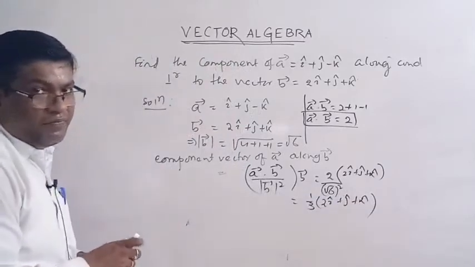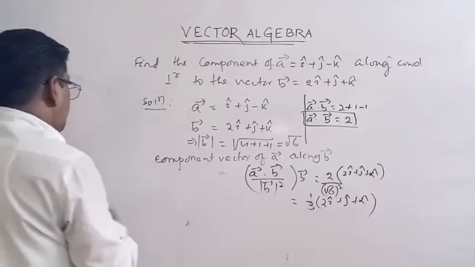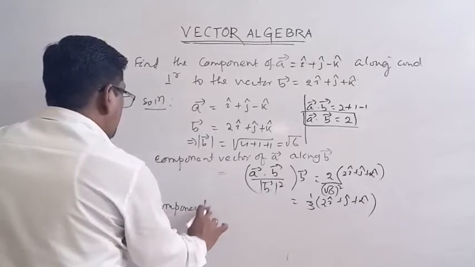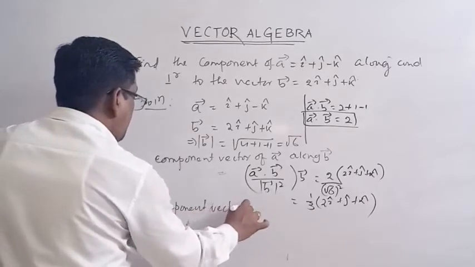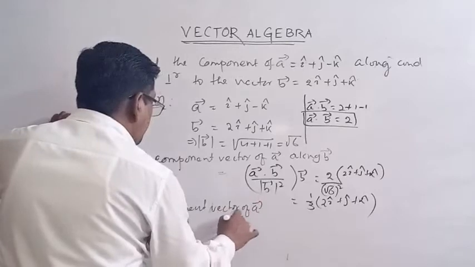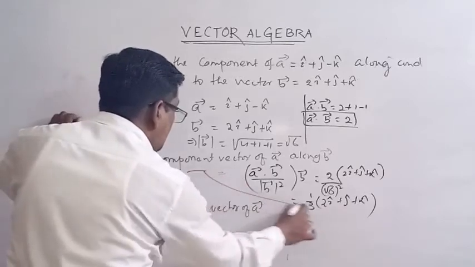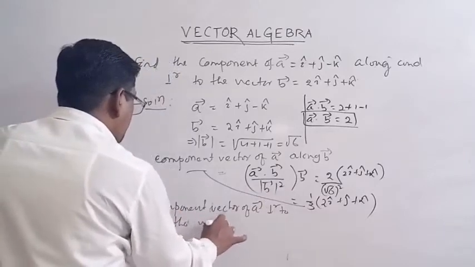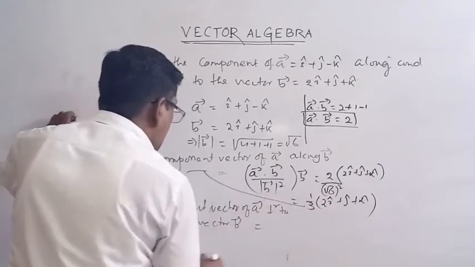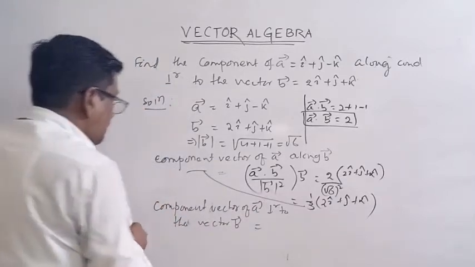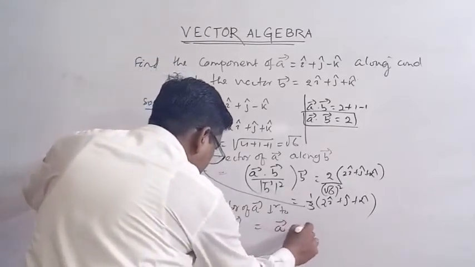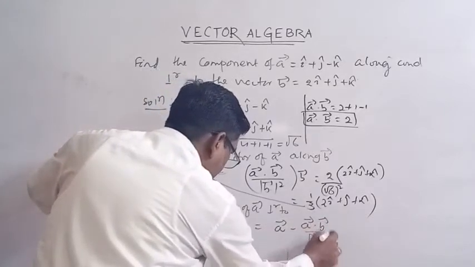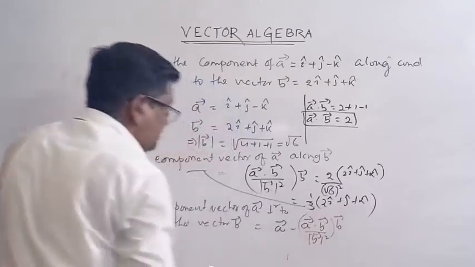Now the component of vector A perpendicular to the vector B is equal to A minus A dot B divided by magnitude B whole square into B. Now what is the A vector?